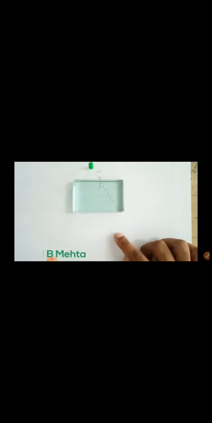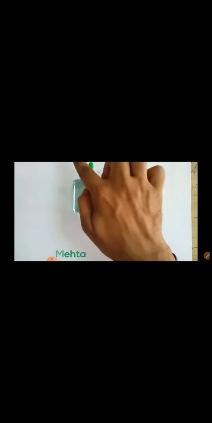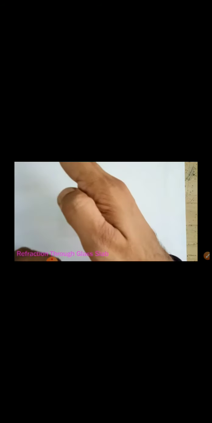Okay, now from this side I'll see these two softboard pins from here. So by keeping one eye closed, I am going to keep my eye over here and observe these two softboard pins from this side. And I will keep another two softboard pins here in such a way that all four appear to be in a straight line.